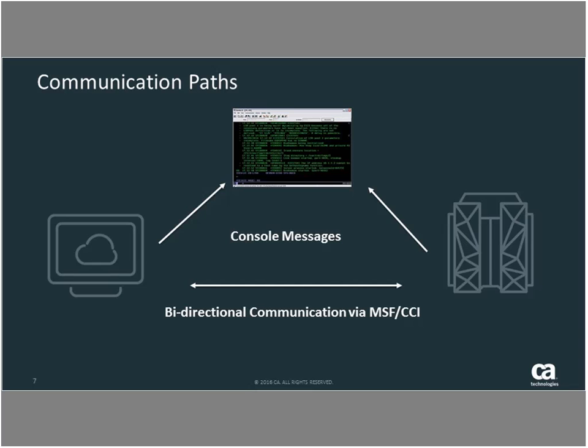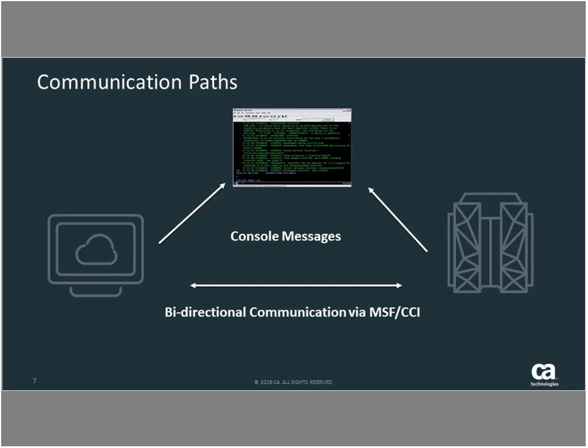The other way you have the ability to talk to it is to set up an MSF link between the two products. This is completely identical to how Ops has MSF links between all of its Ops instances. The MSF link uses the Common Service Component CCI. That uses an IP connection down to the AP machine, and there is a CCI running on the AP machine that allows AP to act just like any other MSF link in Ops itself.